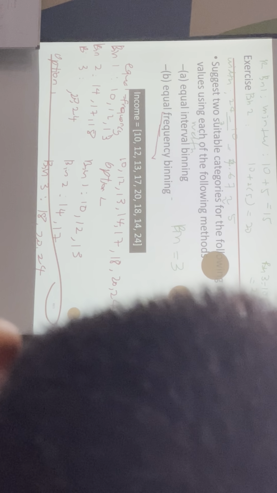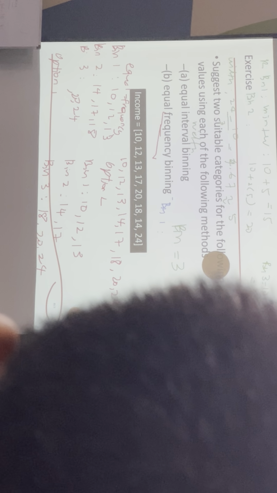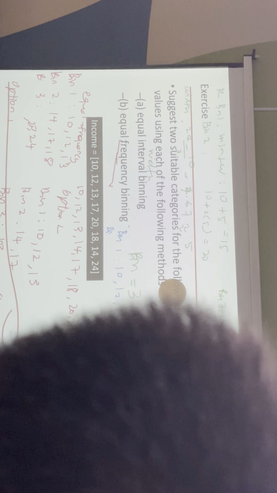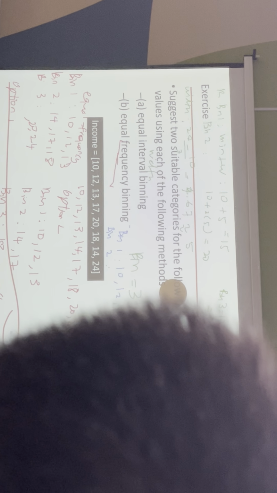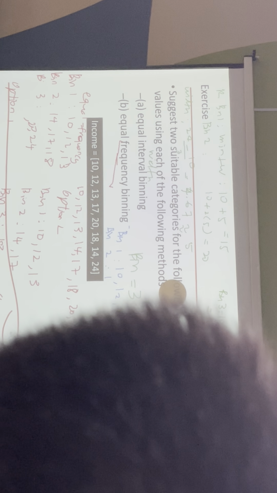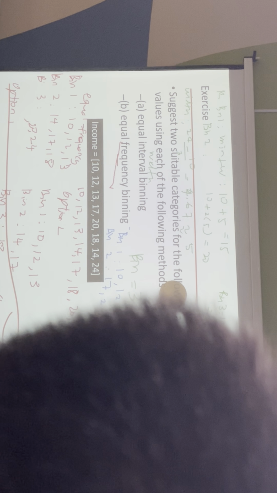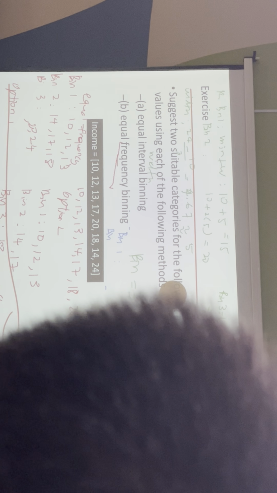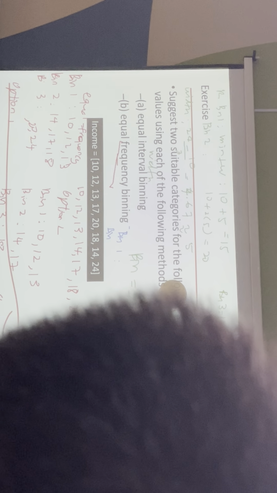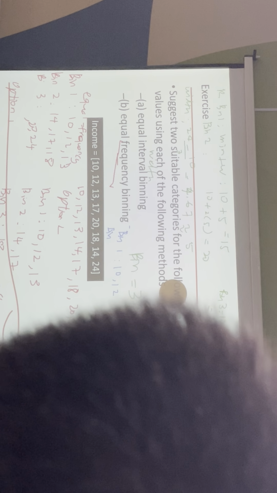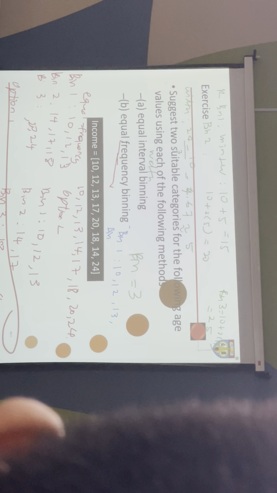Okay, and then bin 1: 10, 12, 13, 15. So bin 2: 20, so 17 to 20. Oh, this one is bin 1: 10, 12, 13, 14.